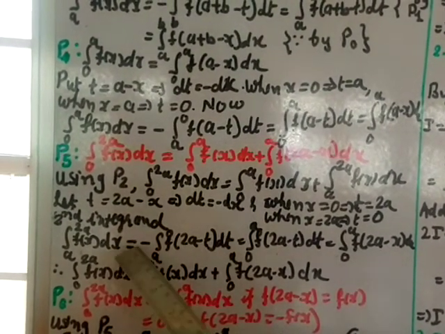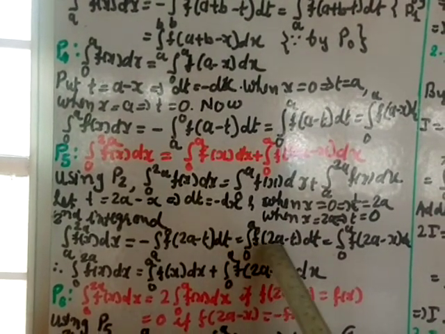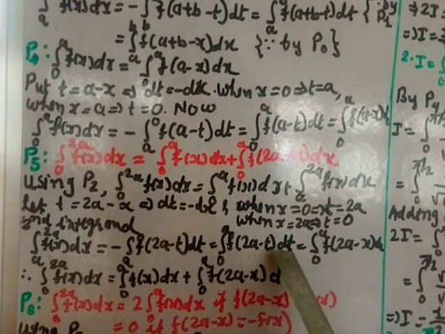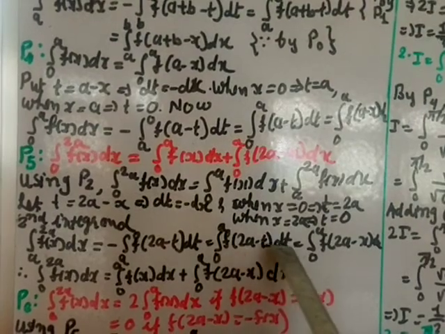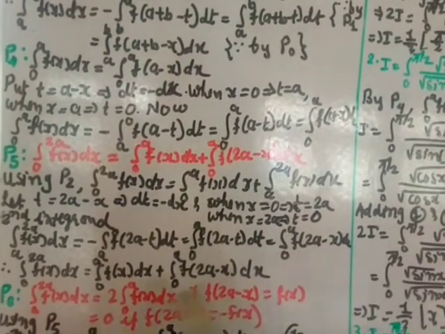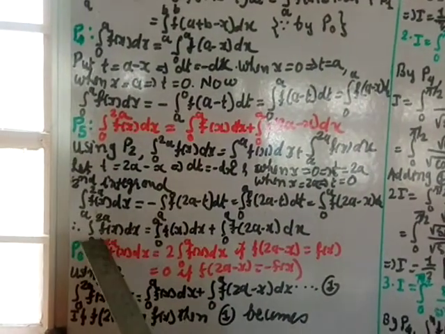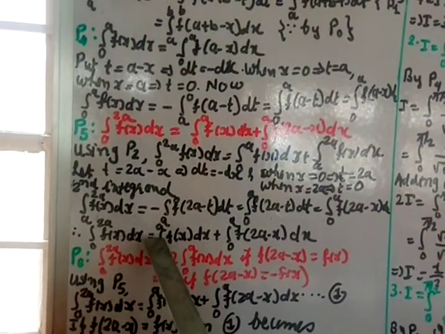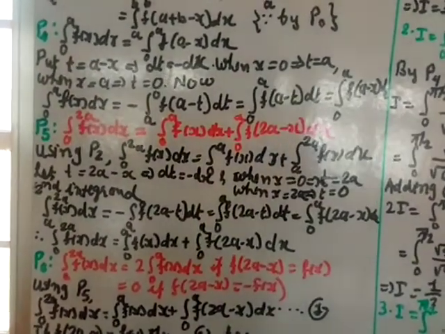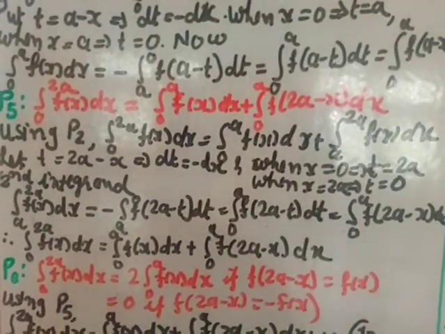Change the limit and make this positive, so 0 to a f of 2a minus t dt. Now instead of t, use the property P0 and put x instead of t, so integral 0 to a f of 2a minus x dx. So you get integral 0 to 2a f of x dx equal to integral 0 to a fx dx plus integral 0 to a f of 2a minus x dx. So that is the proof for property 5.